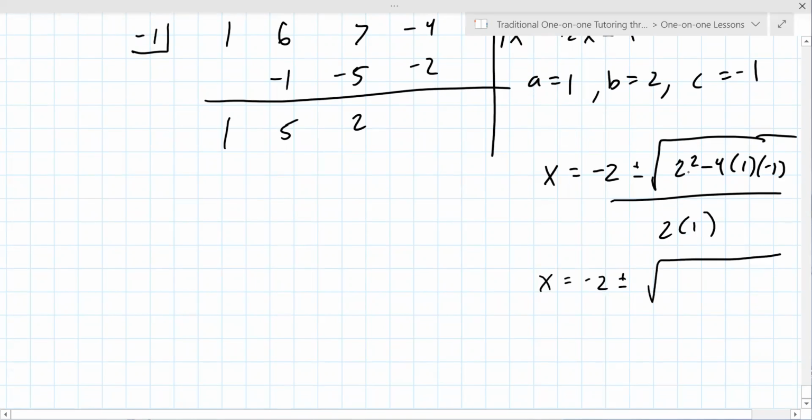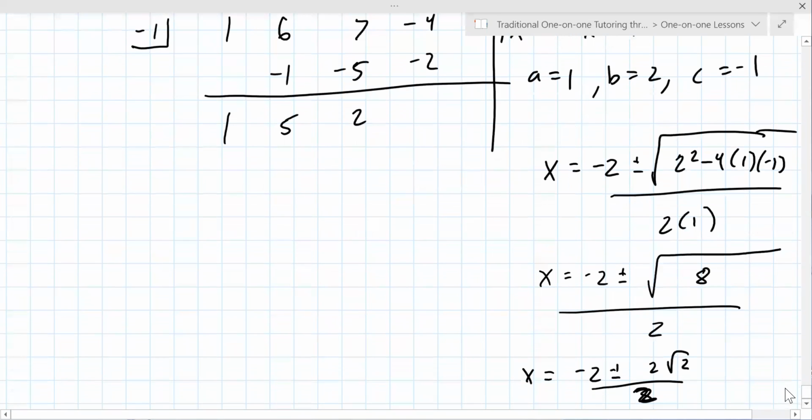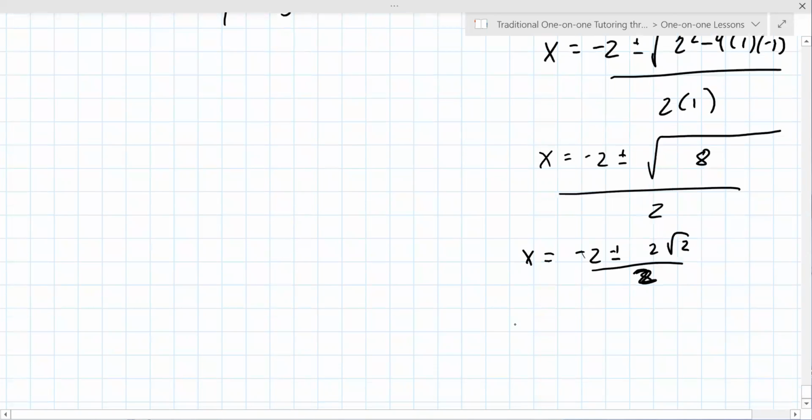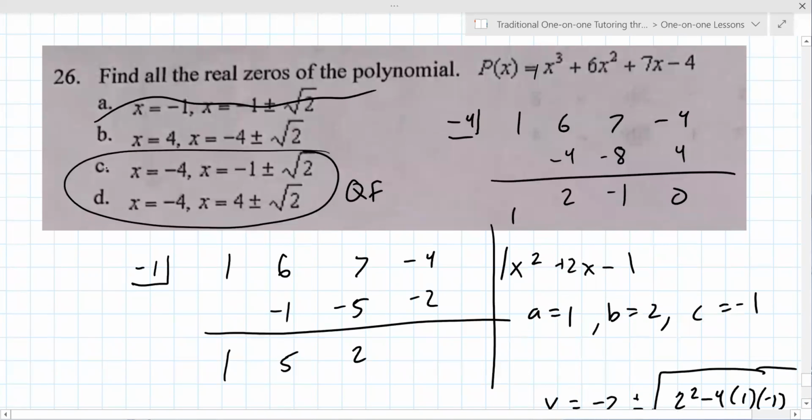So that's 4 plus 4, that's 8 over 2. So this becomes x equals -2 plus or minus 2 square root 2, that's what 8 reduces to, all over 2. So you divide both of these by 2. So you get x equals -1 plus or minus the square root of 2. And that ends up being answer C.